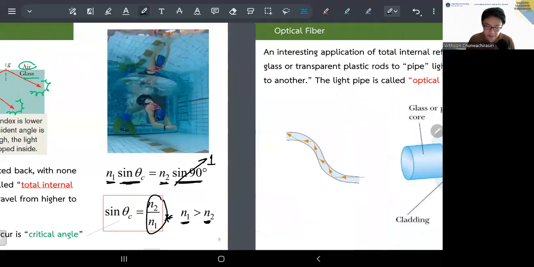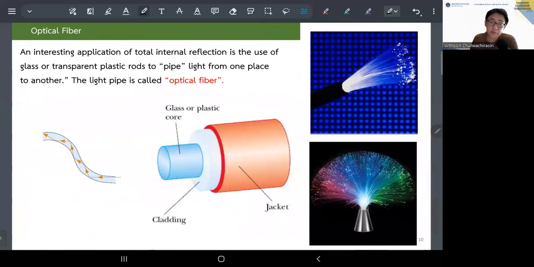All right. So with that, what's the application of this? Of course, the optical fiber that you use to send information using a light beam is total internal reflection in the fiber. They use that core fiber to guide the light through the optical fiber.